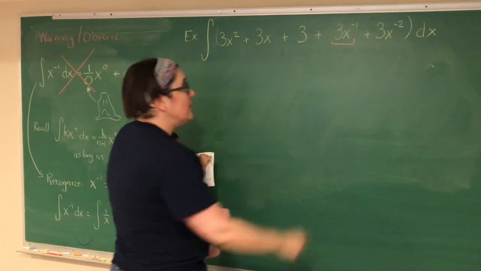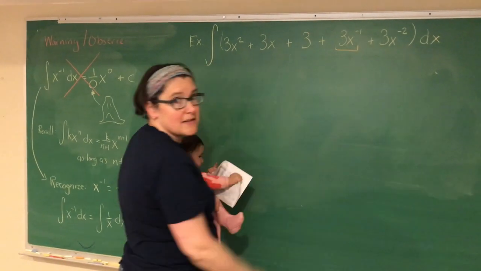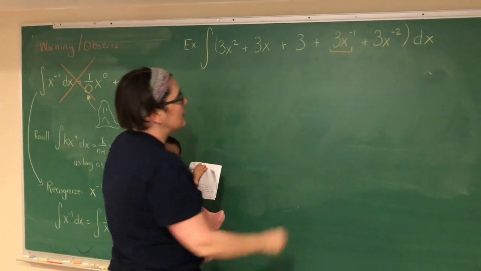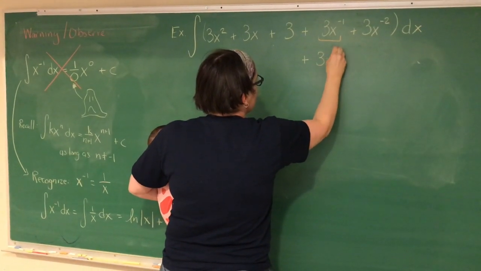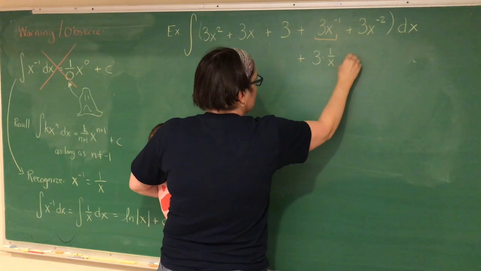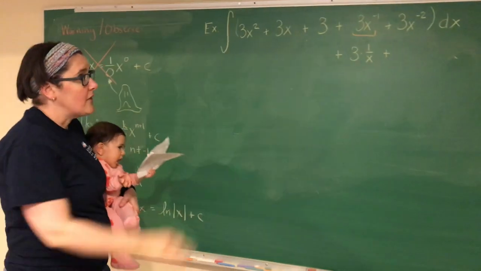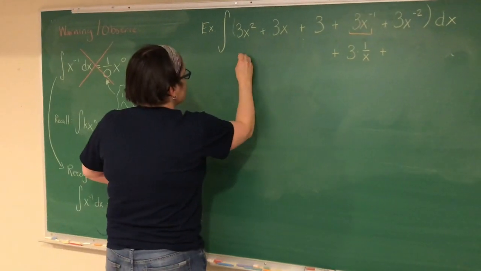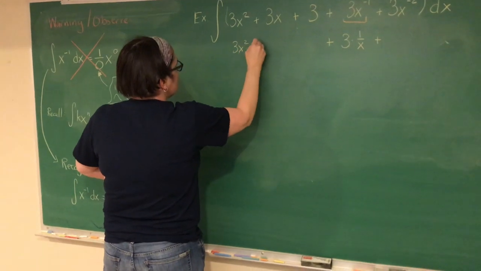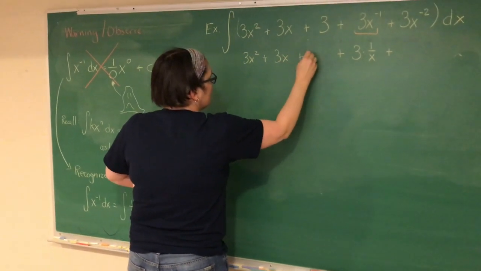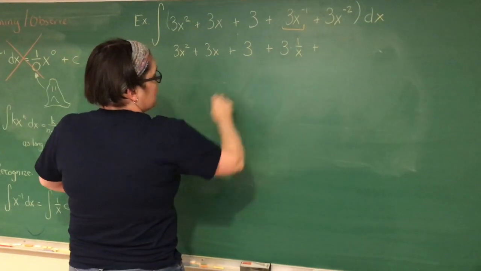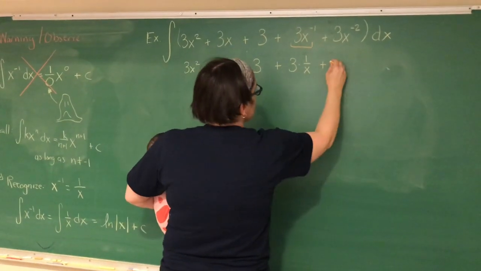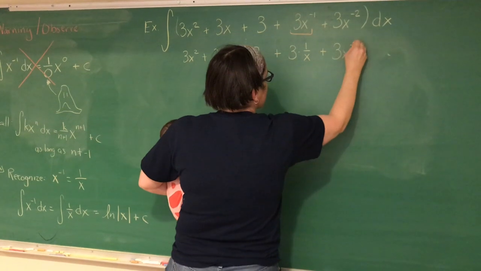So for that one, whenever I see an x to the negative 1, that special power of negative 1, I want to rewrite this term as 3 times 1 over x. Now the rest of them are all going to remain the same. We have 3x squared plus 3x plus 3, I've changed 3x to the negative 1 to 3 times 1 over x, plus 3 times x to the negative 2.